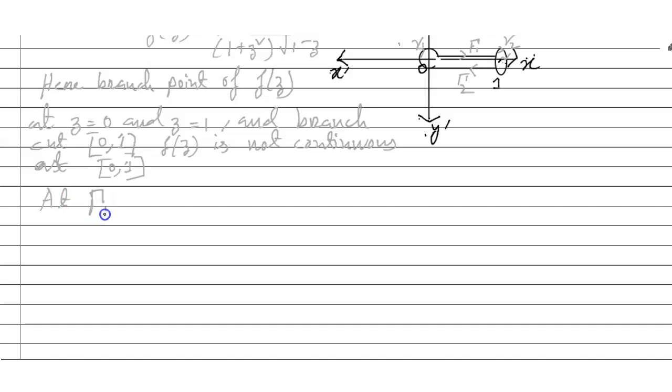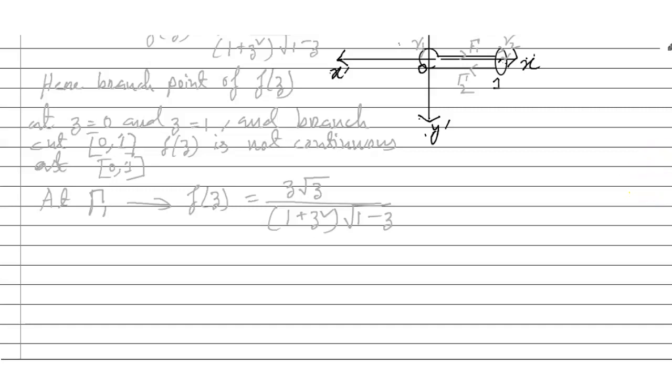So at gamma 1 we have f(z) equals z root z divided by (1 plus z squared) root (1 minus z).